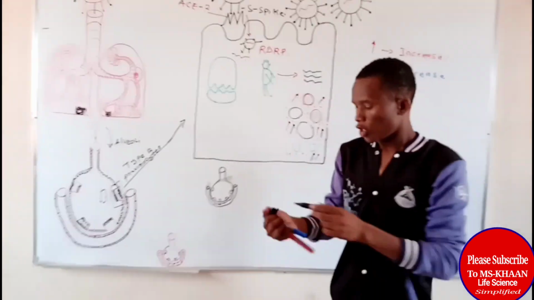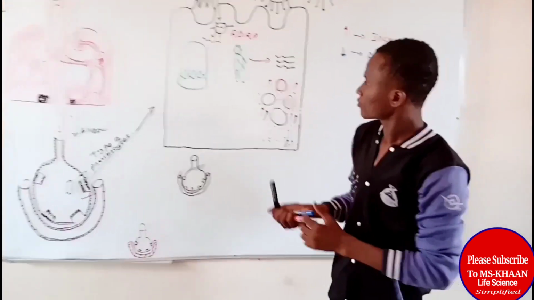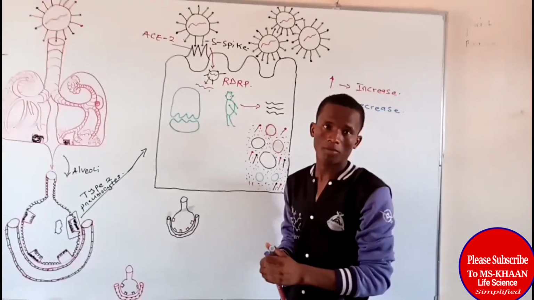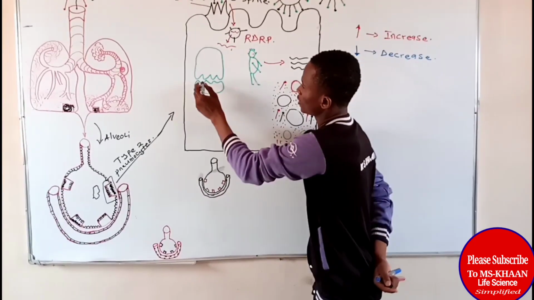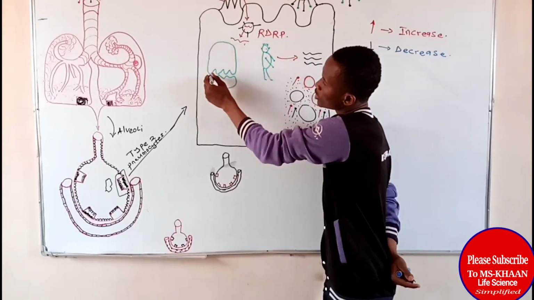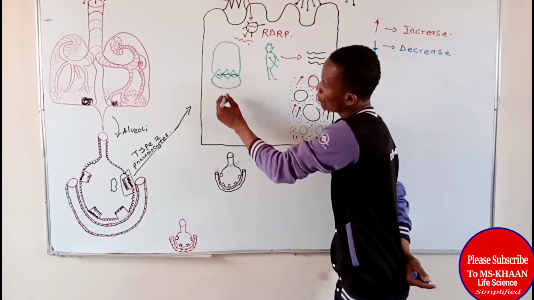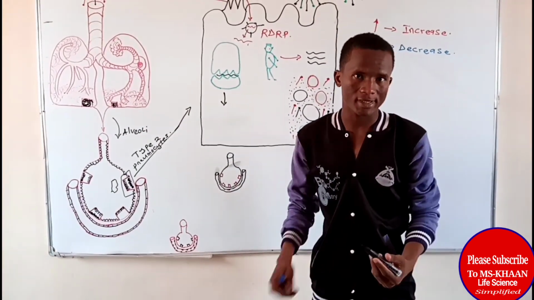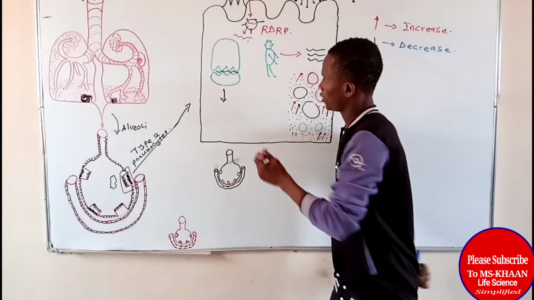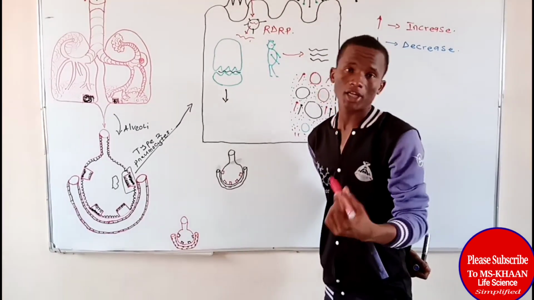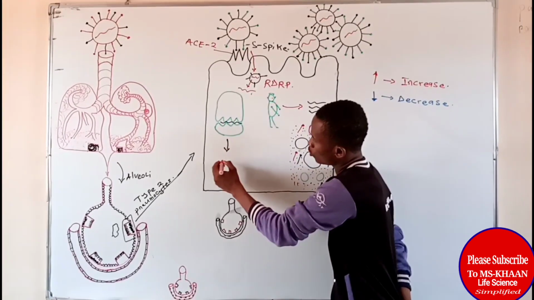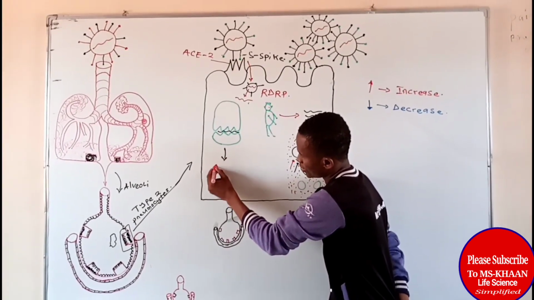That's his work. The next thing is that the virus will then use the cell's ribosomes, the cell machinery, and convert this positive sense single-stranded RNA molecule into polyproteins, large proteins, a process we call translation in biochemistry.